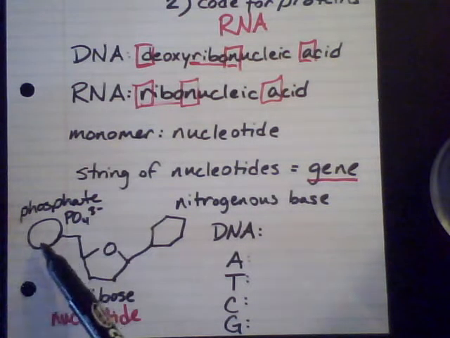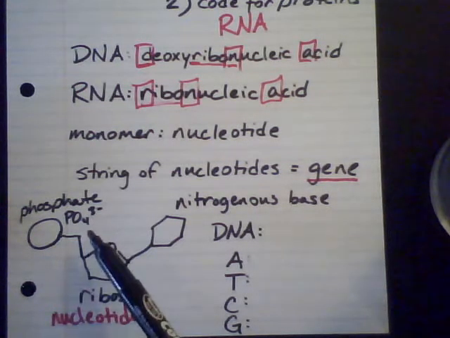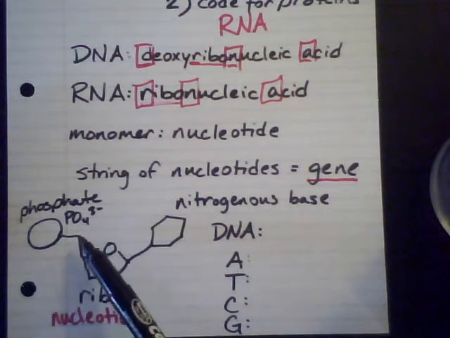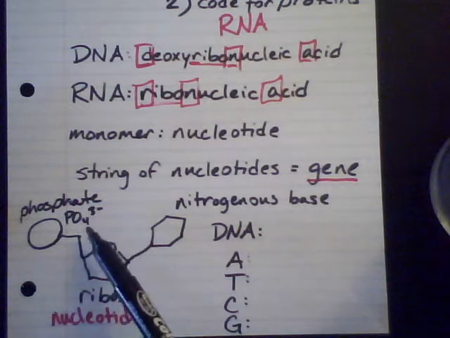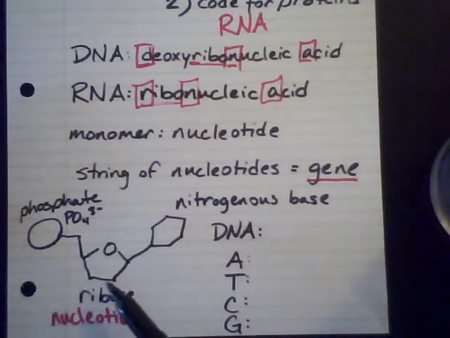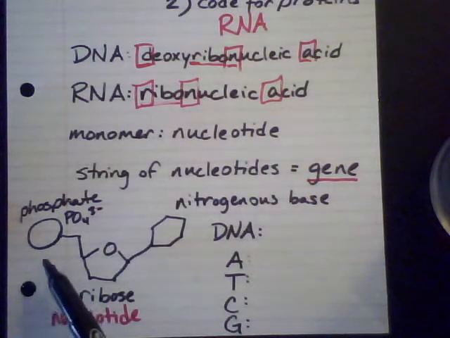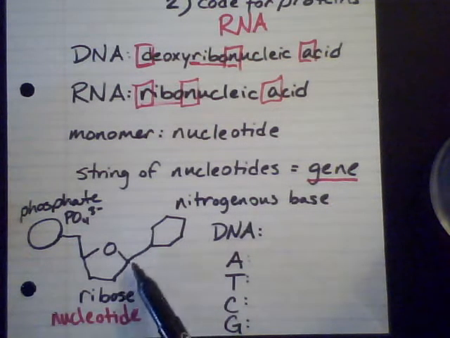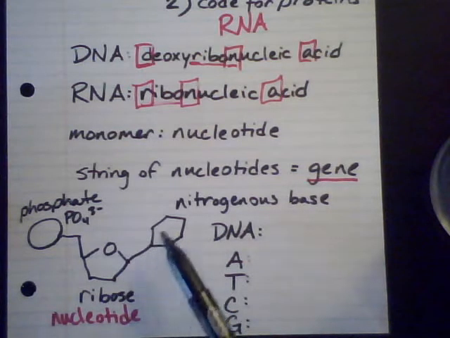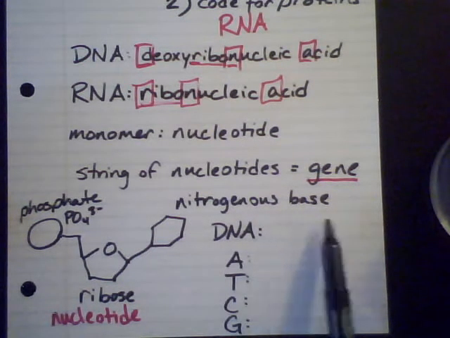It's attached to, on the outside here, a phosphate group. Phosphate is a polyatomic ion. It comes from usually phosphoric acid, some sort of reaction with phosphoric acid, but PO4 to the 3- is our phosphate group that's out here. And then we're attached on the other side to some sort of what is called nitrogenous base.